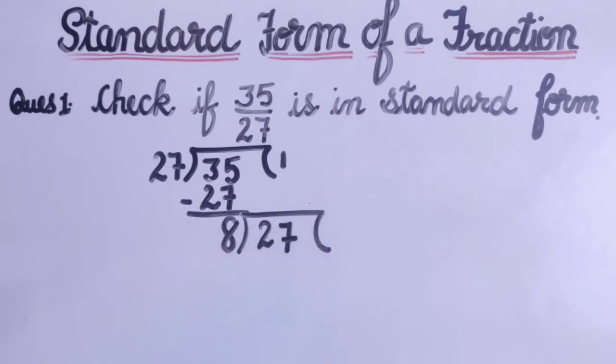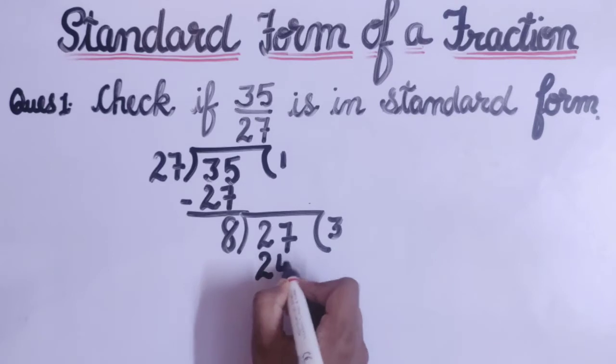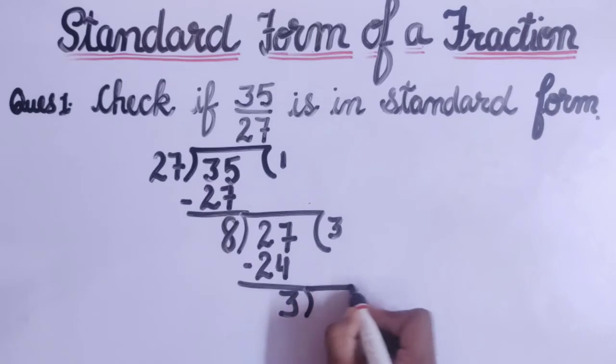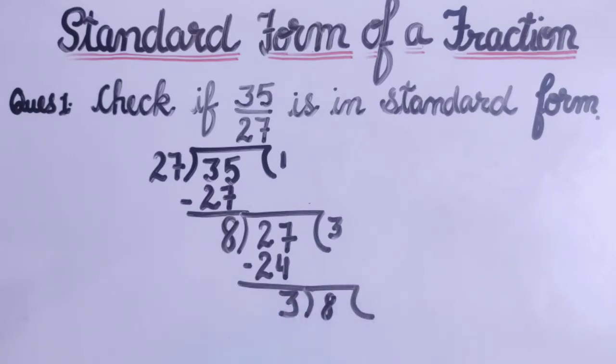Now once again we will divide. 8 3s are 24. Now remainder is 3. Students, we will continue this till the time my remainder does not come 0. So the remainder will become divisor and the divisor will become dividend. 3 2s are 6.